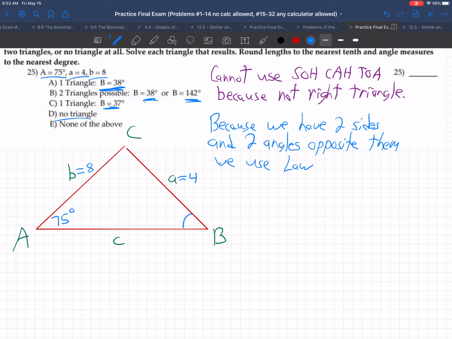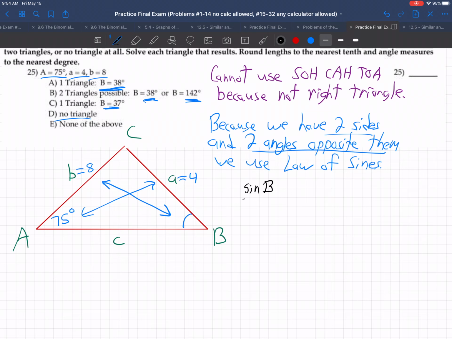That's what the law of sines is all about: angles and sides opposite each other. See how we have these two which are opposite each other and these two which are opposite each other in our setup. So that's what we want.